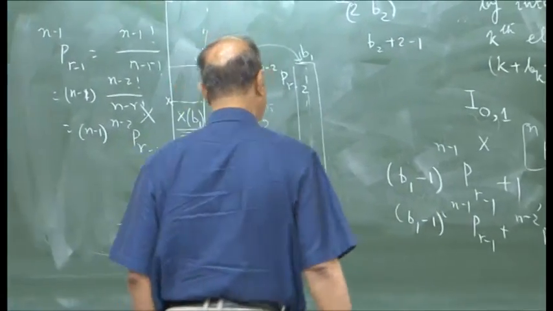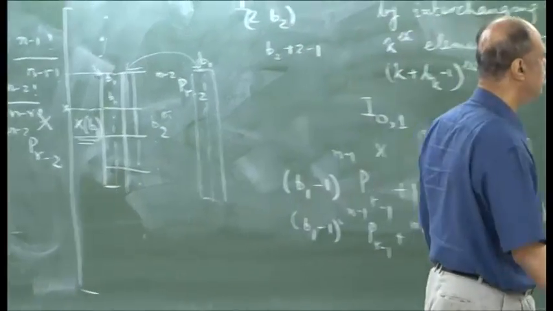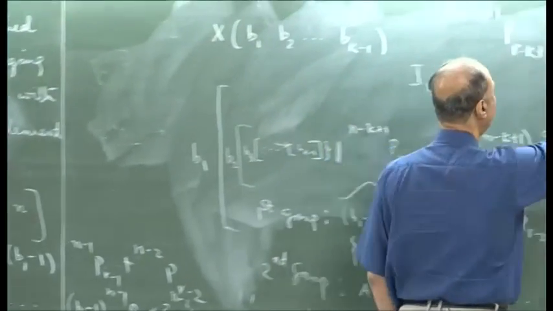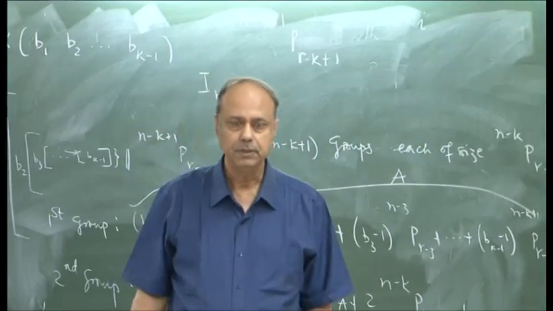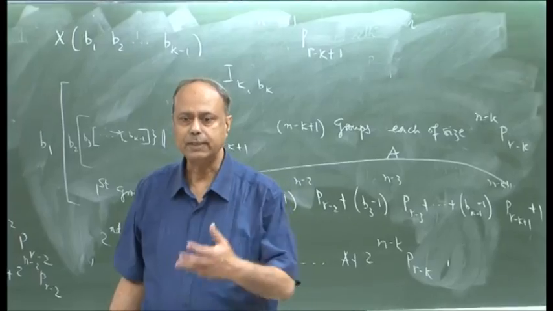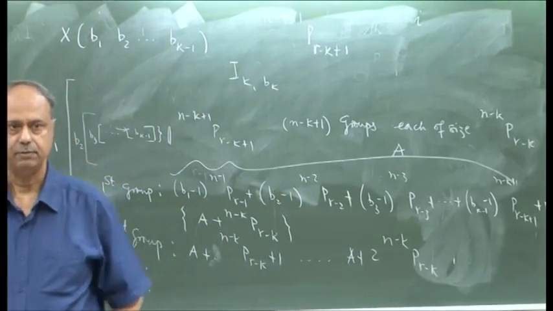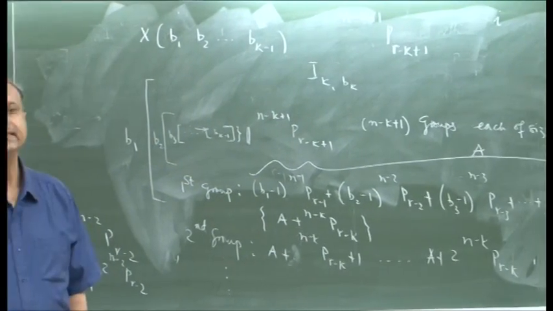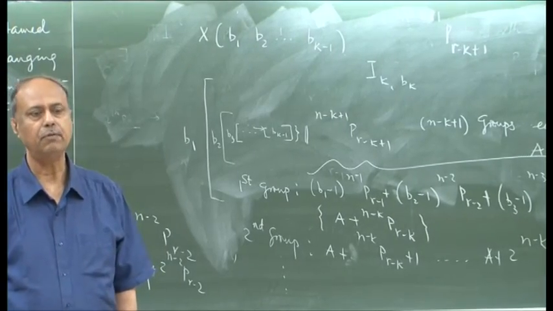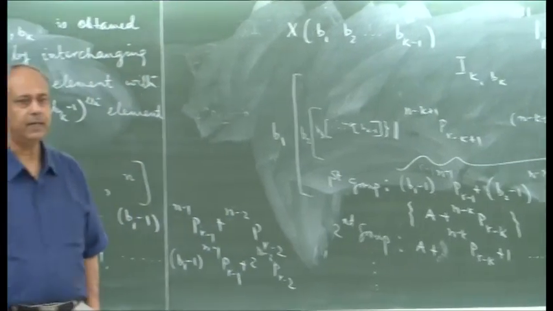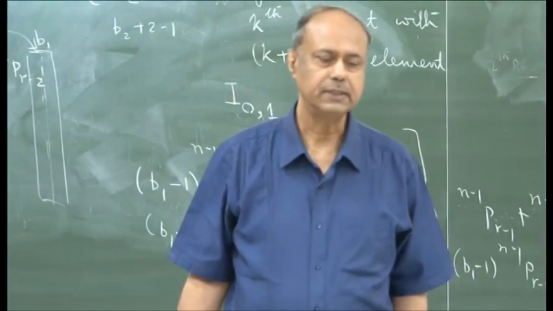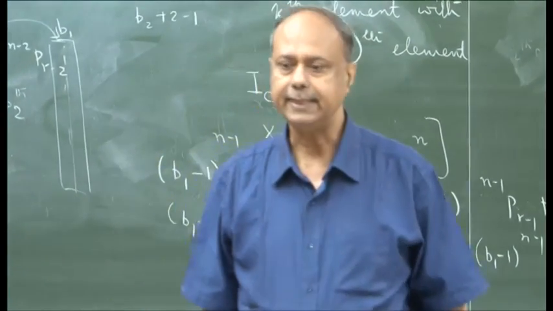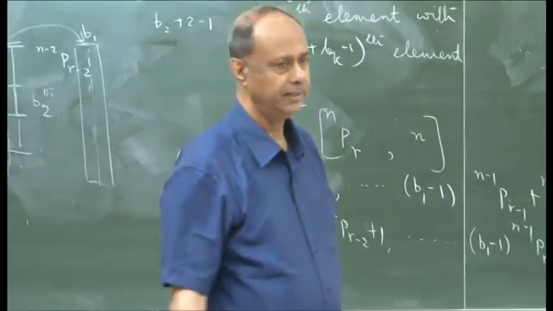So let us think in a little more generic way. Suppose you have the ith row. Now you have to find out the value of bk for the ith row. What is the group number at the kth iteration of i?